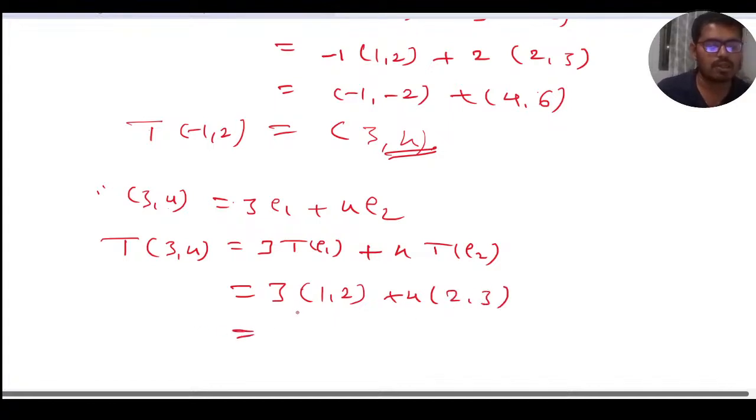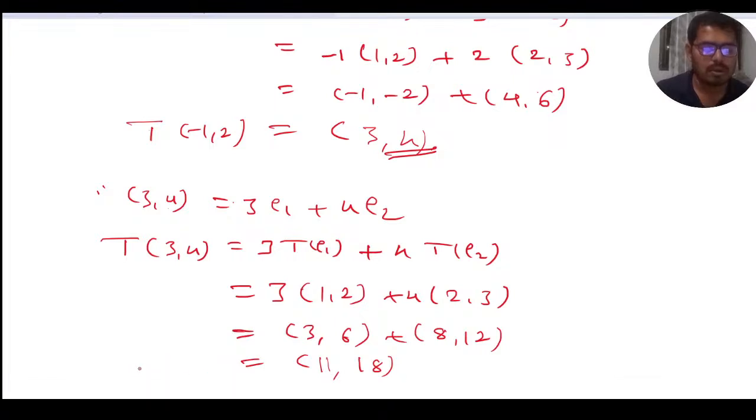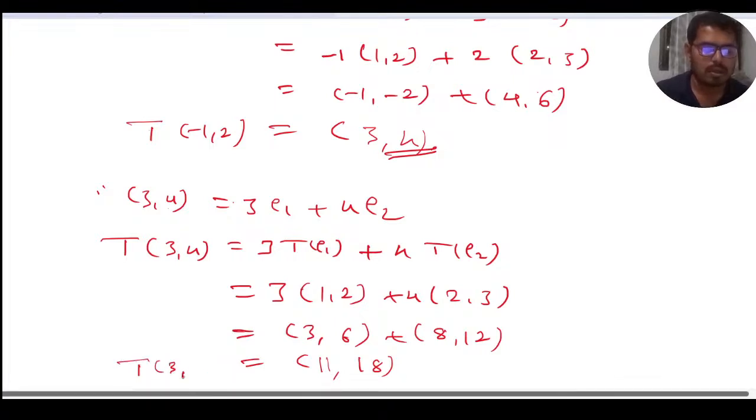That is equal to 3 into 1 is 3, 3 into 2 is 6, plus 4 into 2 is 8, 4 into 3 is 12. Then add them: 3 plus 8 is 11, 6 plus 12 is 18. Therefore the image of 3, 4 is 11, 18.